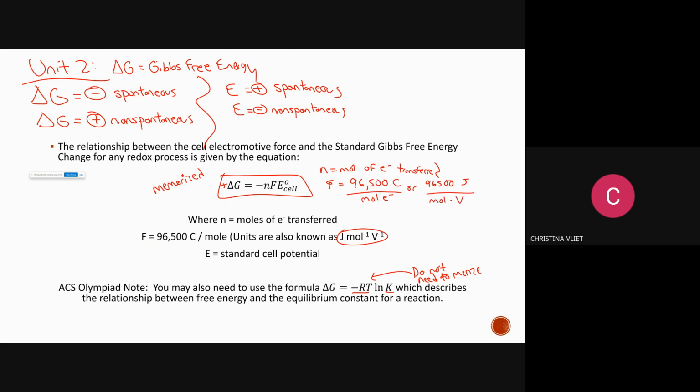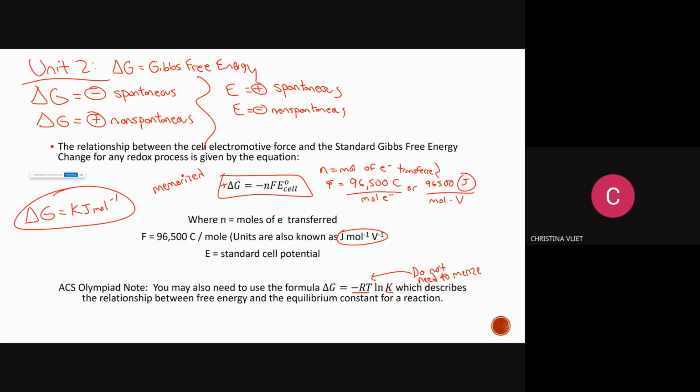This is important. Why is this important? Delta G was supposed to be in what unit? Do you remember what delta G is always supposed to be in? kJ mol^-1. This equation is going to give you delta G in what unit?